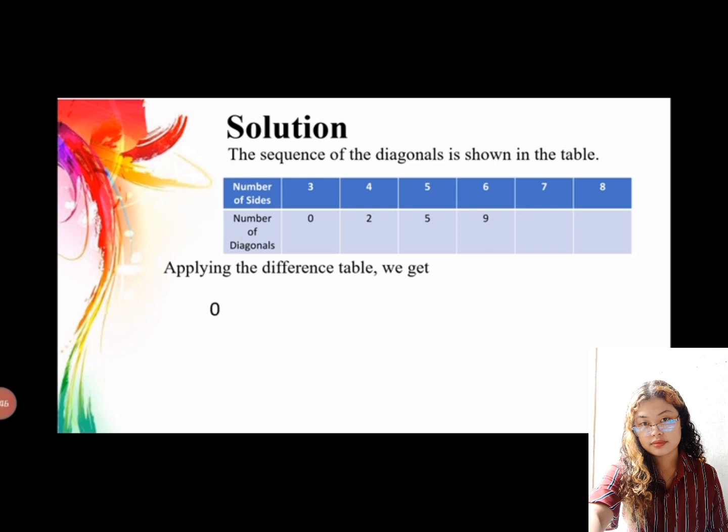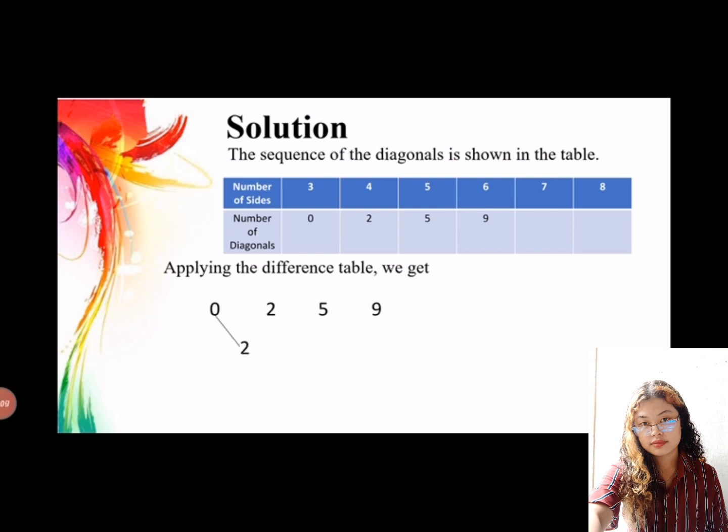So now let's apply the numbers found in the table. First, let's copy the given numbers of diagonals, which are 0, 2, 5, and 9. After this, we need to add a number to 0 so that we get 2, and the number we can add is 2.